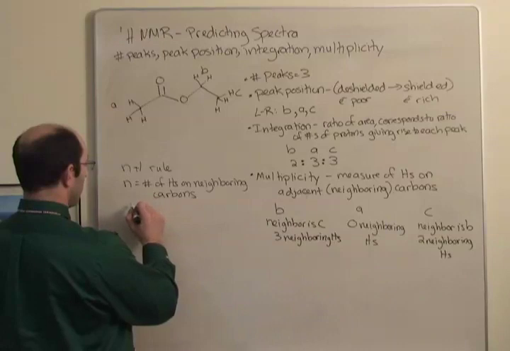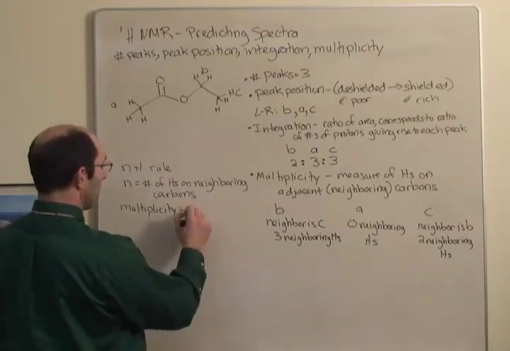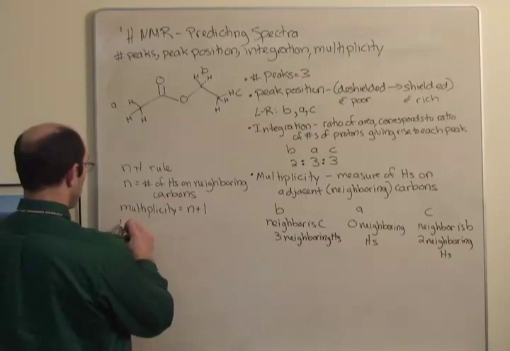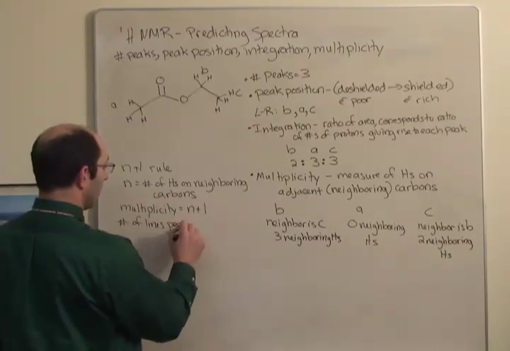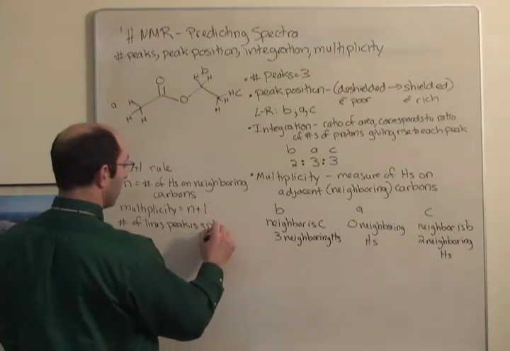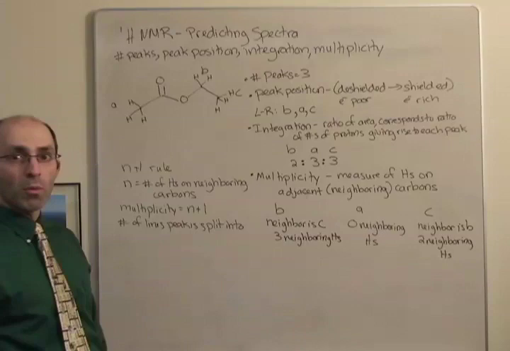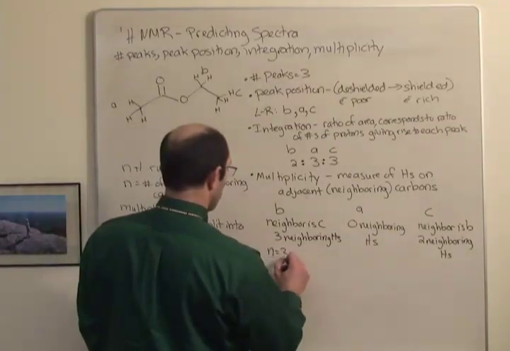So multiplicity equals n+1, right? And this tells you the number of lines the peak is split into.